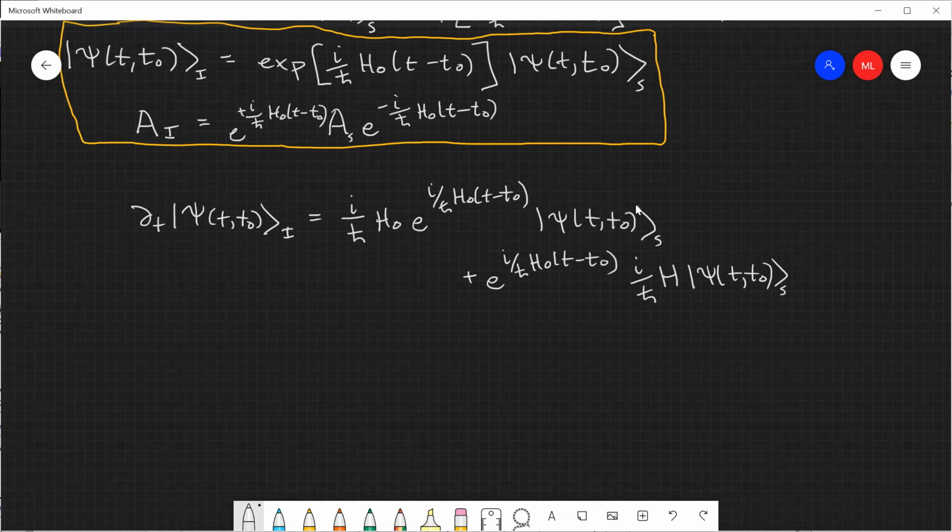And now this H is the full H, because this is now with a perturbation. So this H is H naught plus lambda W, the full Hamiltonian. Oh, and I guess I'm missing a minus sign.